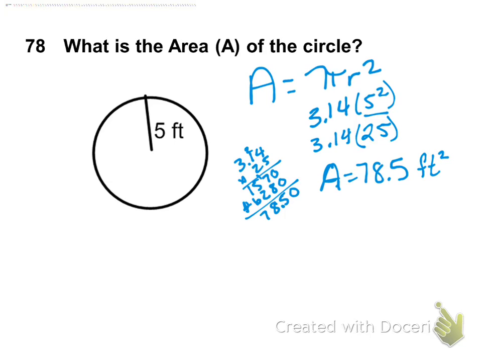That will be our answer. Remember, I need to see the following steps. I need to see your equation that you are using, the number substituted into the equation, whatever steps you needed, and then the final answer written down, labeled.